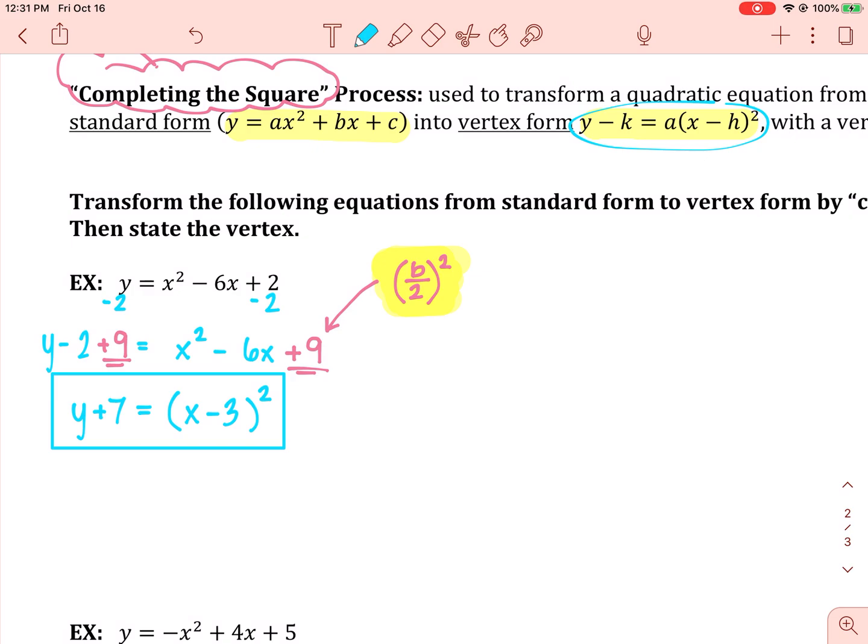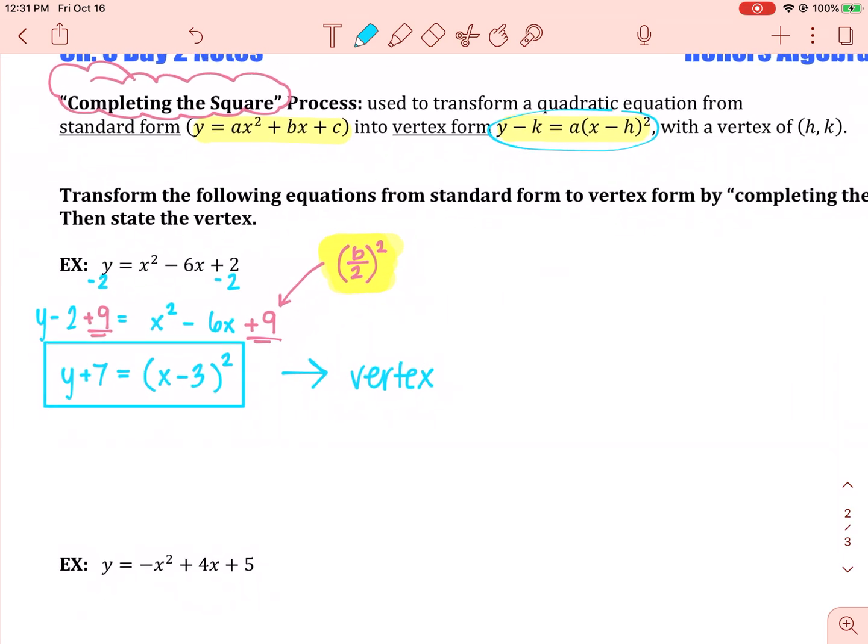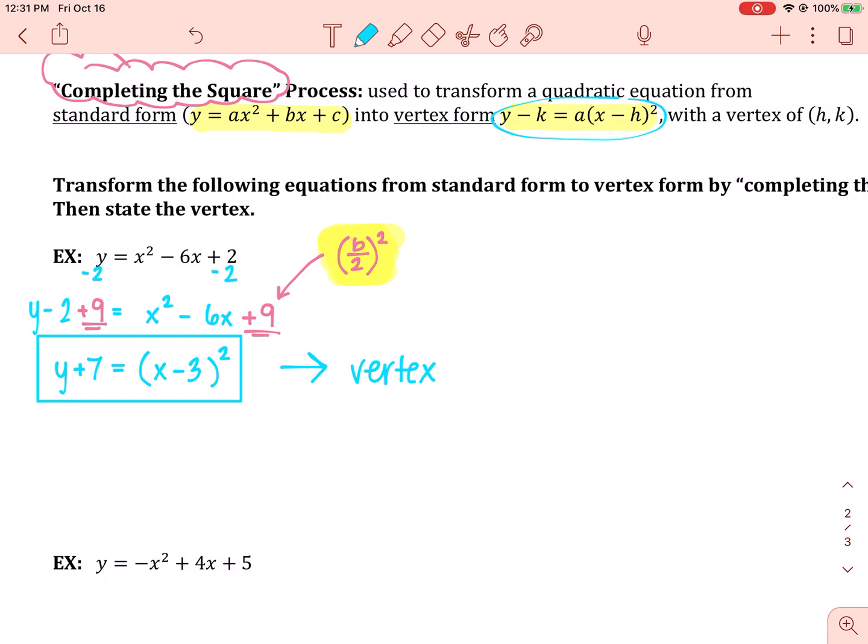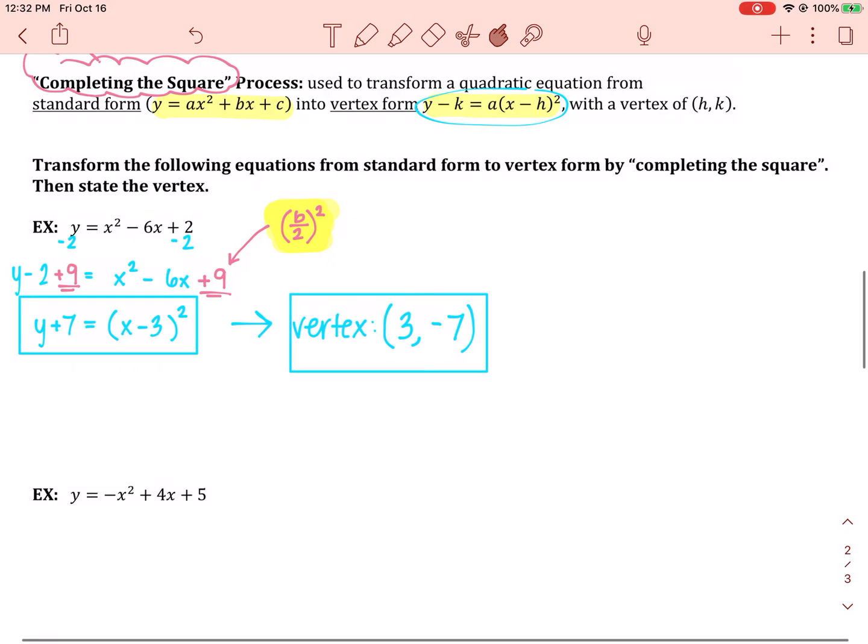Little information about it: our vertex is going to be h comma k, which means the opposite of what's in the parenthesis for x minus 3, which would be positive 3, and the opposite of the k value, which is negative 7. So I just followed the problem. It says transform the following from standard to vertex. Check. And state the vertex.